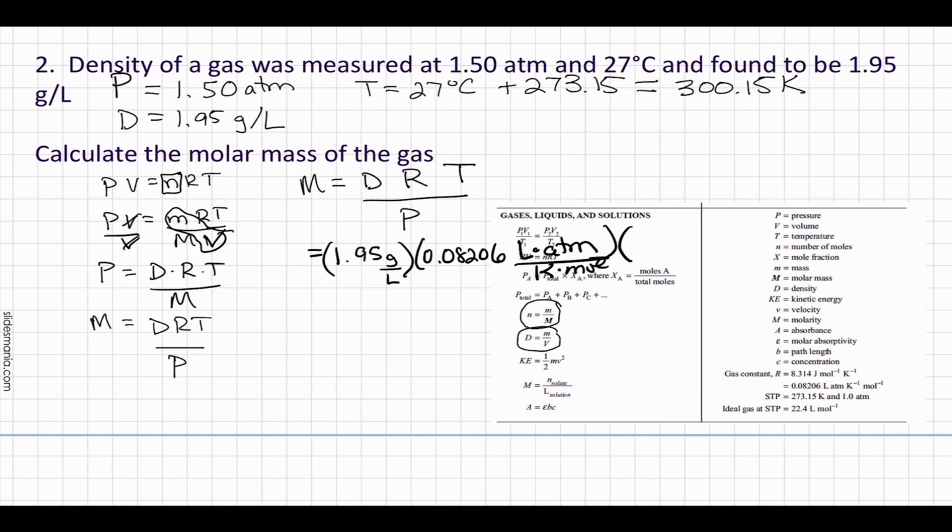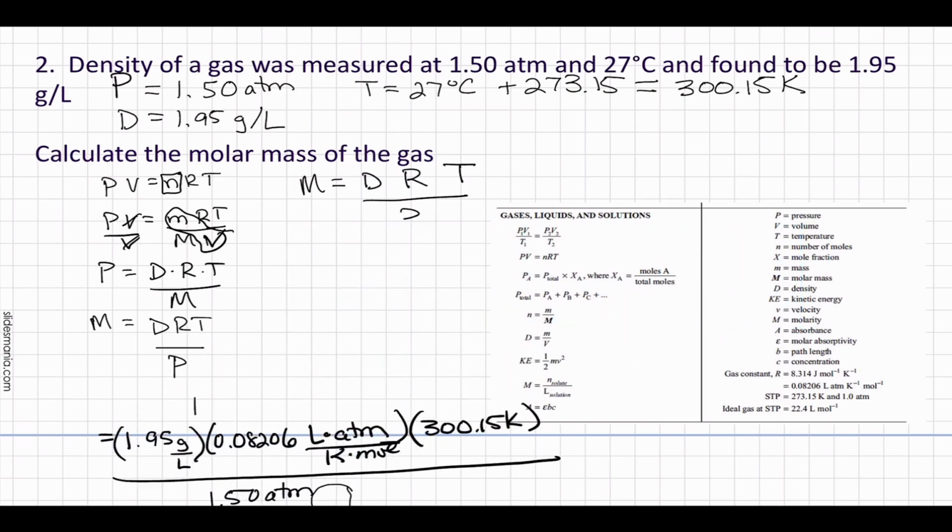And then T. And then I'm going to divide by my pressure. So let me try to move that so you can see better. I'm going to bring it down.